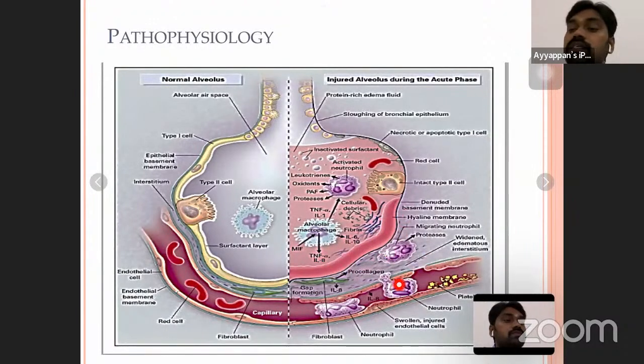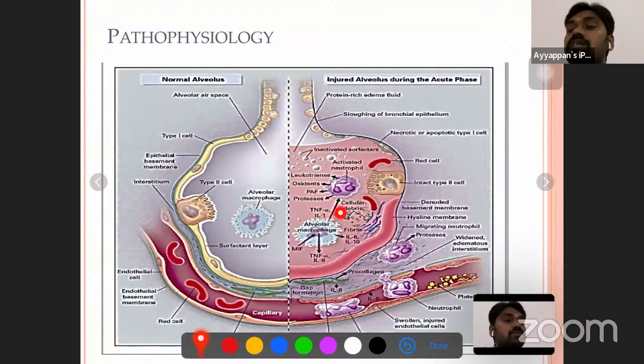And these leaky capillaries, or the increase in capillary permeability, release the proteinaceous plasma into the interstitial fluid. And once the epithelial cells are also injured, this protein-rich plasma floods the alveoli along with the dead type 1 cells, resulting in cellular debris, with the alveolar sac being filled with proteinaceous material as well as inflammatory cells.